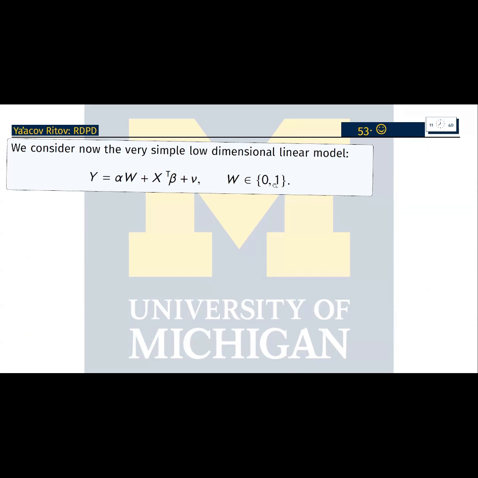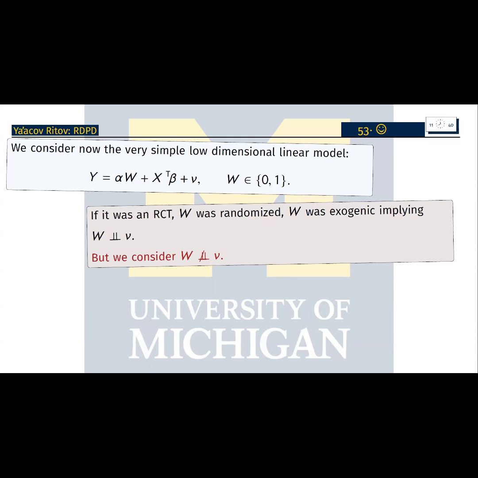W is 0, 1. If it was an RCT, W was randomized, it was exogenous, it was independent of nu, and everything was simple, except we don't assume that W is independent of nu. Students that are good are more likely to pass the exams, that are better than predicted, so nu is positive, are more likely to pass the exam. W is not independent of nu.